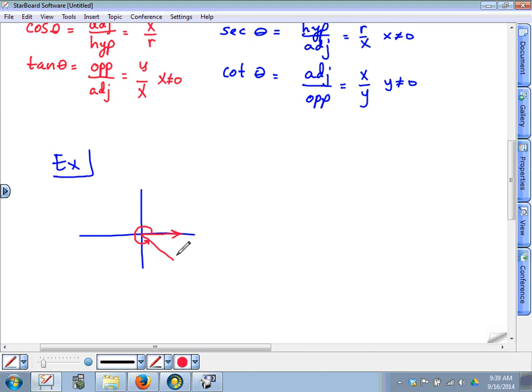And then on the angle, rather than putting an arrow on this side, put a dot right here. Let's say that the location of this dot is (4, -3). Angle theta would be the angle measured in the positive direction out here. And you need to find all 6 trig functions for theta.